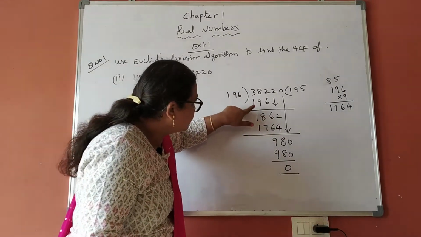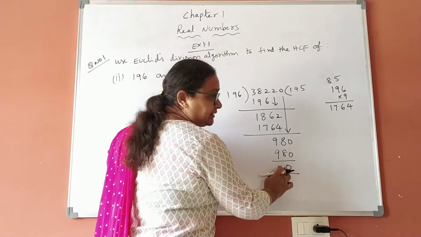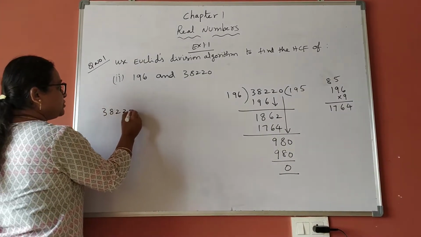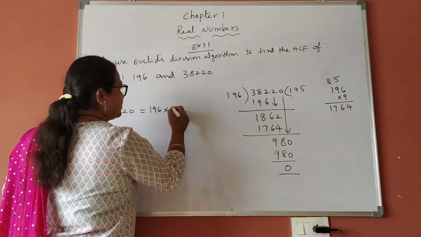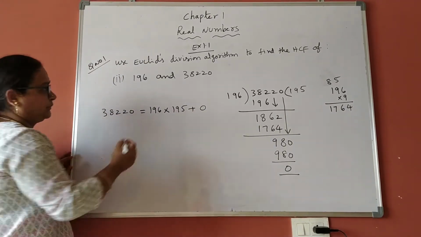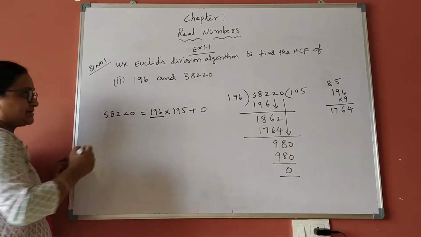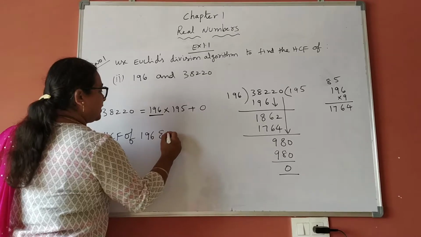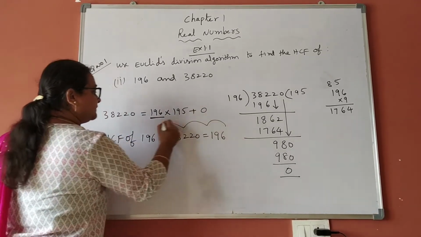Even though you see here 3 steps, this is a single step. Complete number we used till here. So this is a single step. Dividend 38220 is equal to divisor into quotient plus remainder. What is the divisor here? 196. HCF of 196 and 38220 is 196.